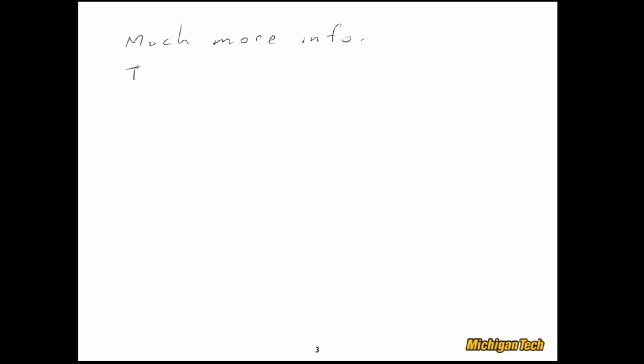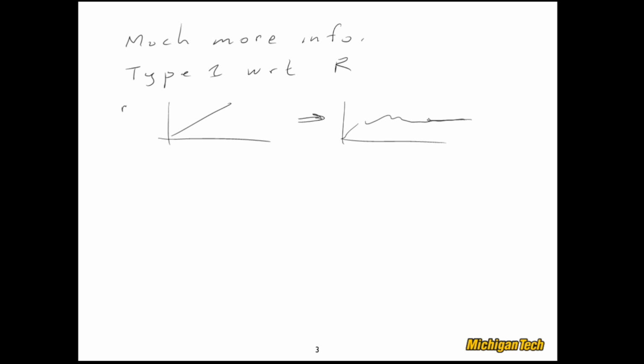So let's revisit this example where we have something that is type 1 with respect to R. Again, we know that for a first order polynomial input, ramp, the steady state error is going to be some non-zero constant.